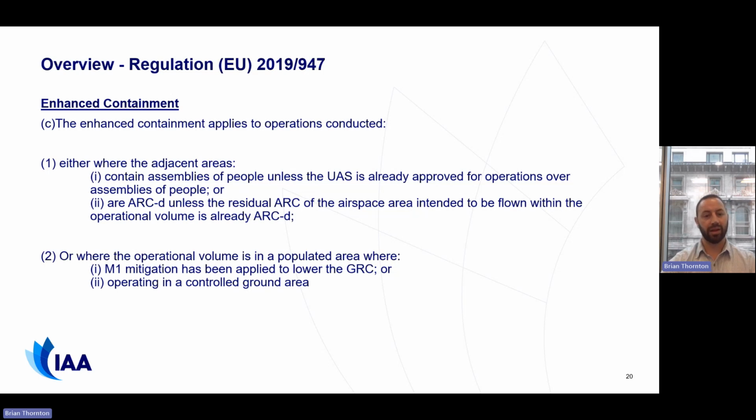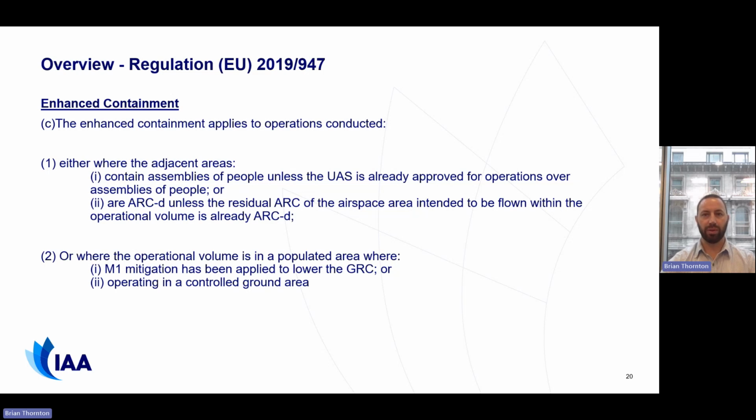Similarly, ARC-D would be considered high risk airspace. ARC stands for Air Risk Classification. D is the level of risk appropriated to that airspace, whereas A would be the least risky. So ARC-D could be considered operating near an aerodrome, an airport, and so on.